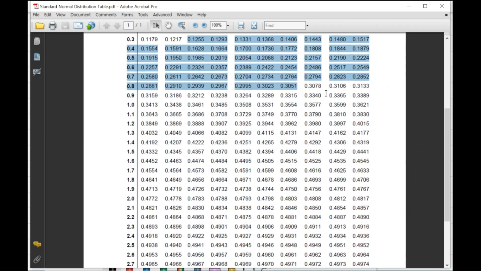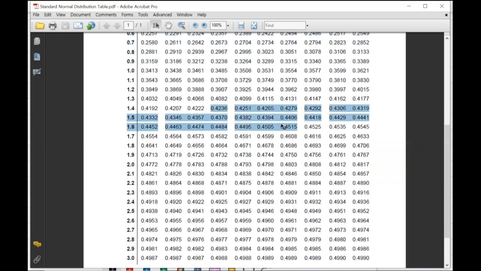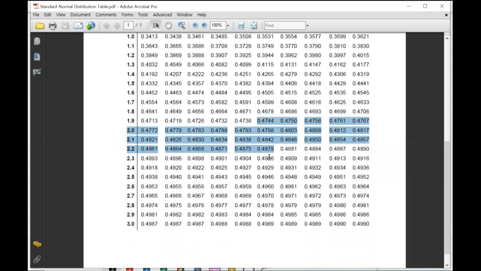No, we don't have. Why? Because this table again starts from 0. The 99% cycle service level starts from minus infinity, so I have to subtract the 0.5. What I'm actually looking for is not 0.99, it's 0.49.